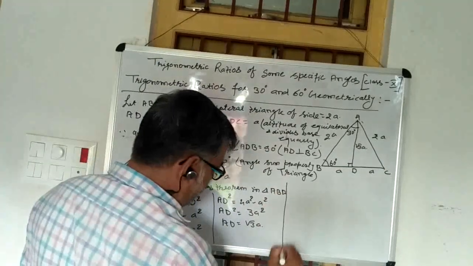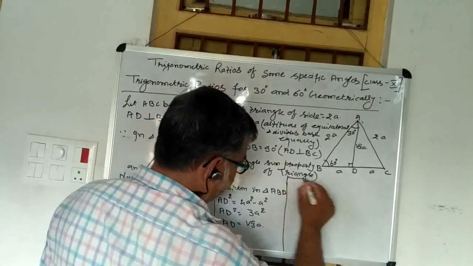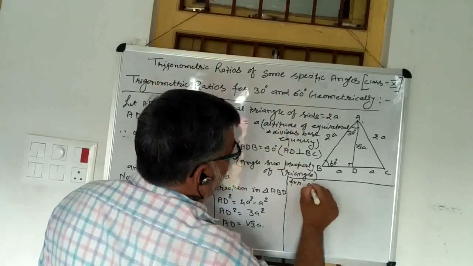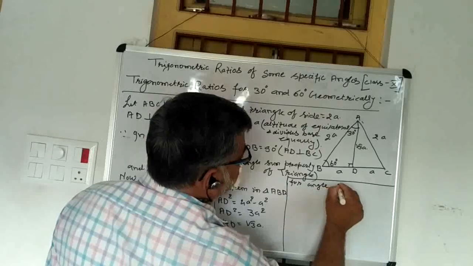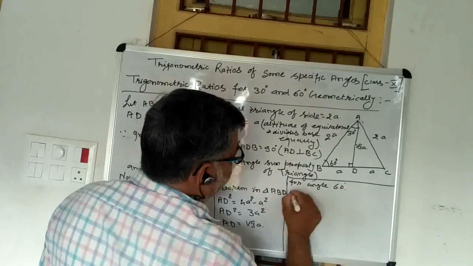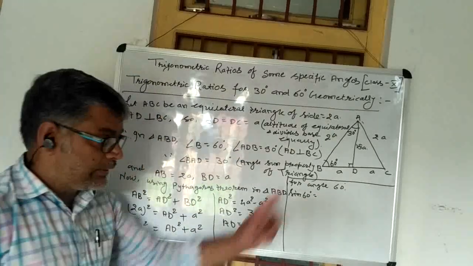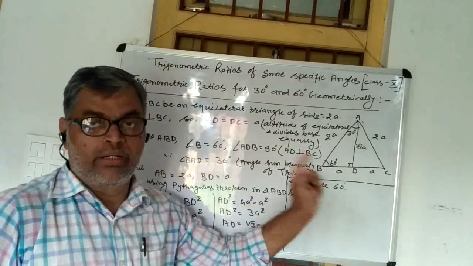Now for angle 60 degree, we apply sine 60 degree. Sine 60 degree for this angle.